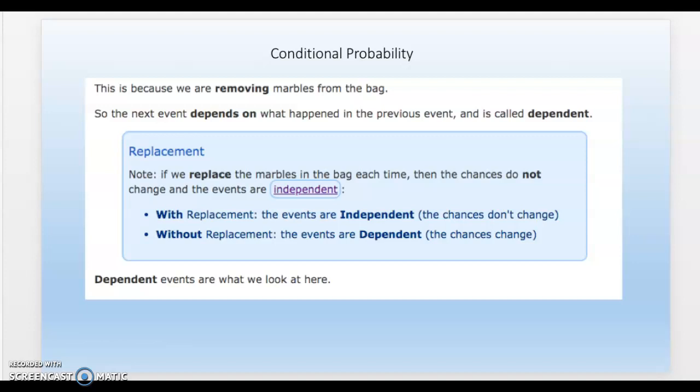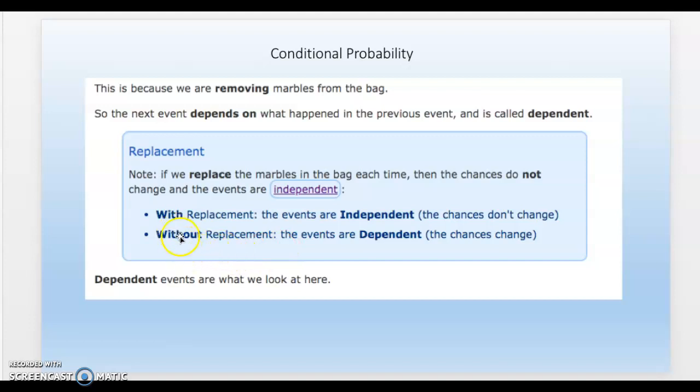A lot of times when there's replacement, you have independent events because you just start over from scratch, since you put them back in the bag for the second selection. But without replacement, the events are dependent because the probability is changing, because there are fewer marbles in the bag, and it changes as a function of what happens on the first selection.